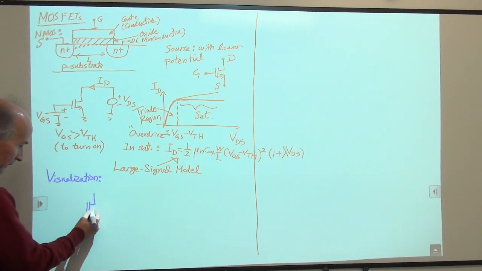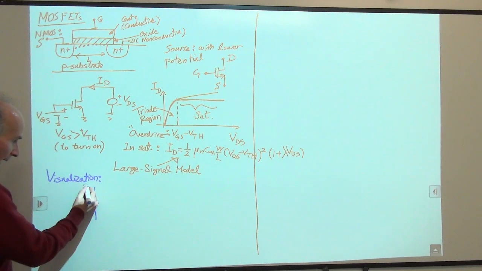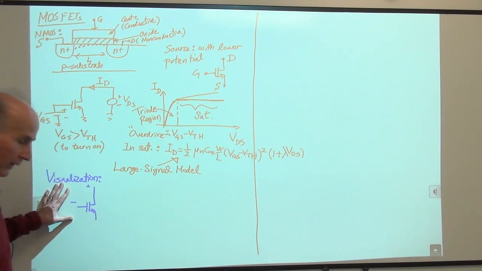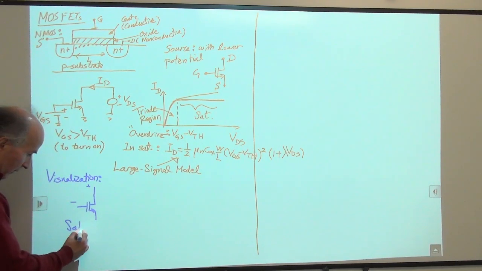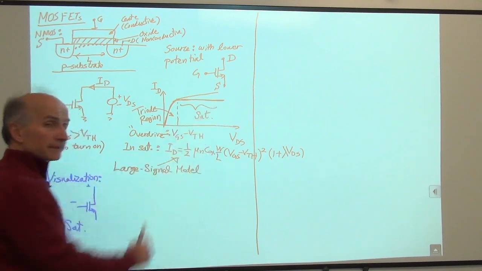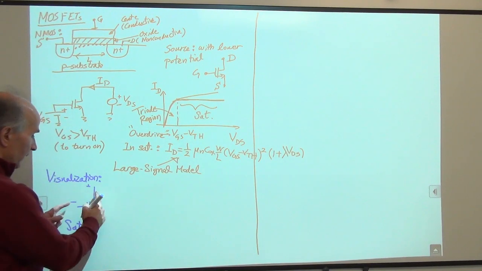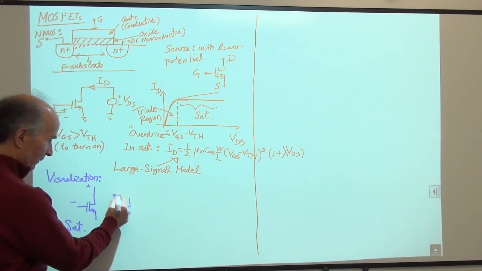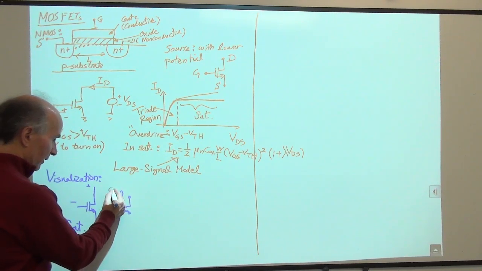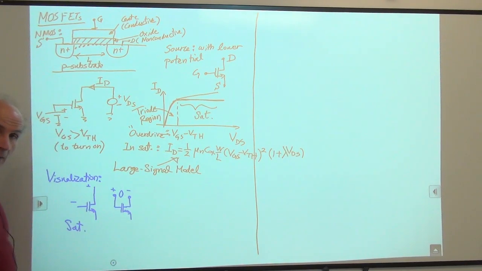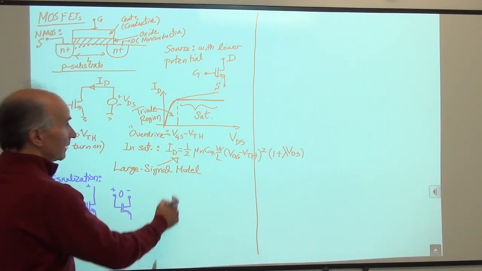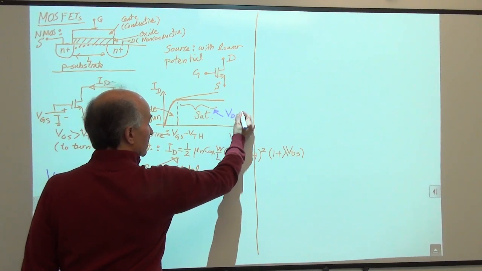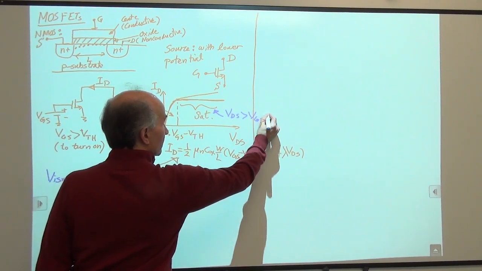If we have some voltage like this, and the drain is high enough, then the device is definitely in saturation, meaning we are here. If these two become equal, the device is still in saturation, because for the device to be in saturation, this region is defined as VDS greater than VGS minus VTH.